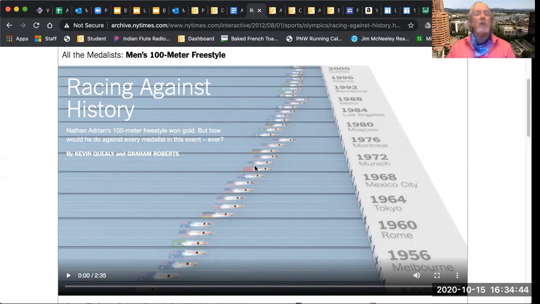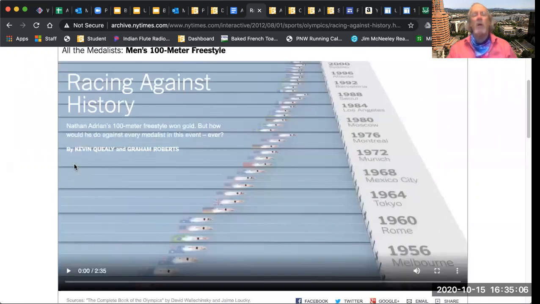Again, what is causing this increase in speed? It's not human evolution. It is increases in technology and better coaching. We have better swimsuits, better ways to tone muscles and train for races, and better nutrition.